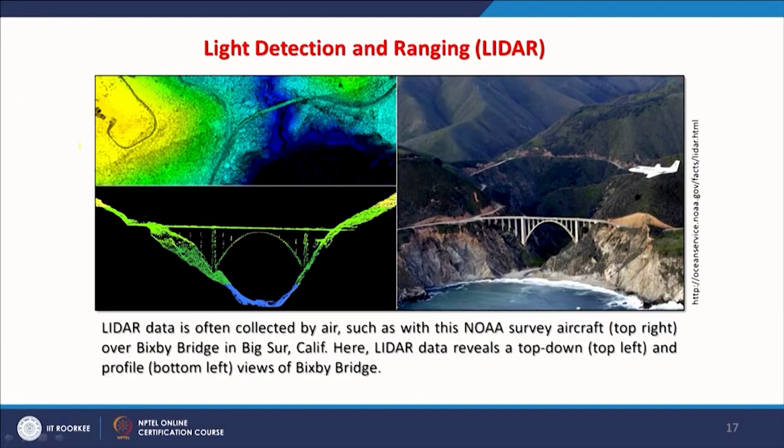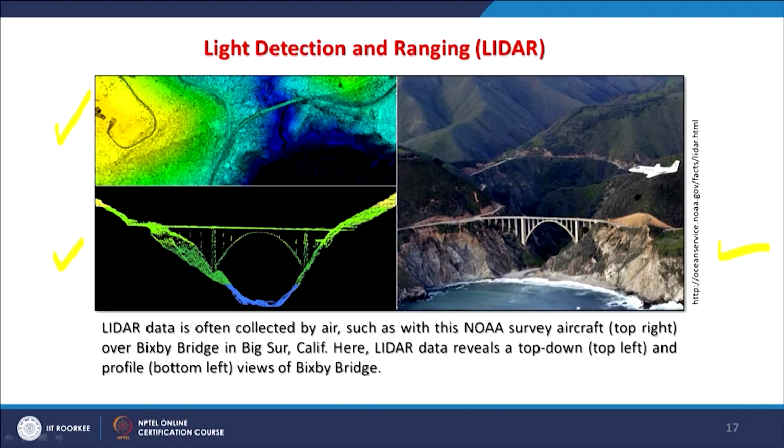Now, I would show you some examples of these LIDAR products. Here you are seeing that the top left image is the LIDAR image from the top, and in comparison you can also see a visual image and a profile generated from your LIDAR image.